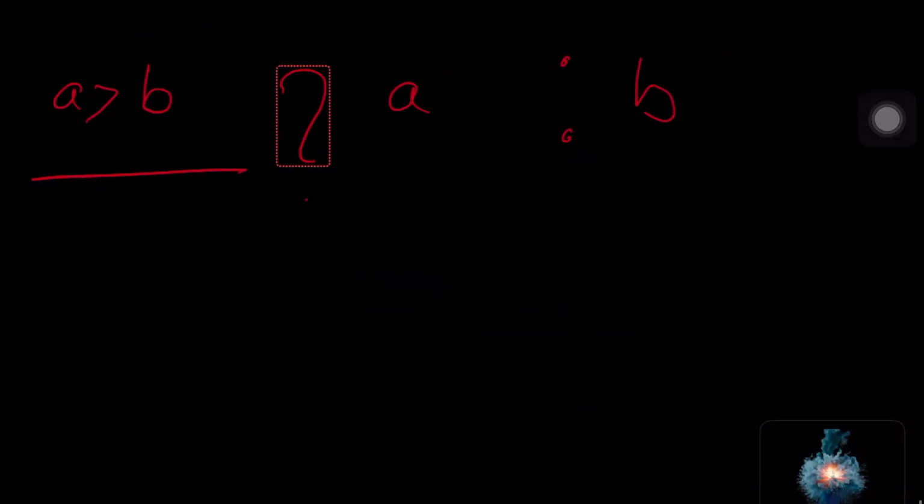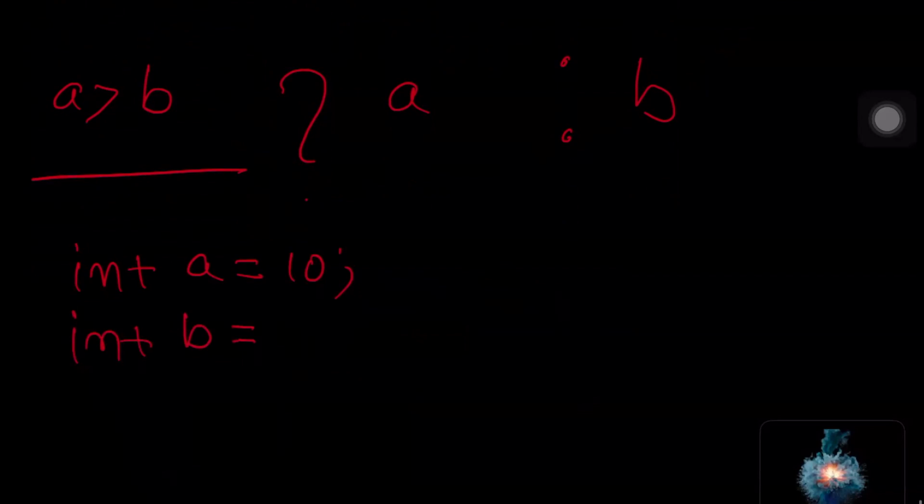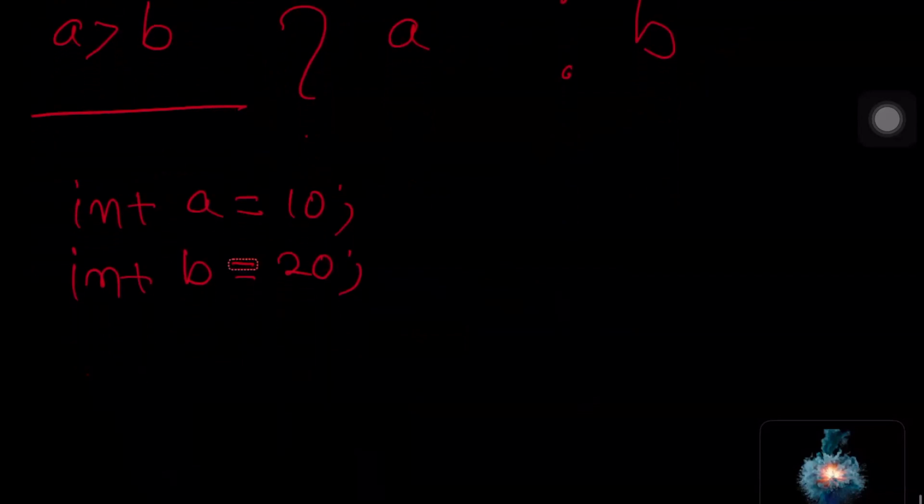Int A equal to 10, int B equal to 20. I'm writing a program which compares two numbers to find which is greater. How can I write it with the help of the ternary operator?